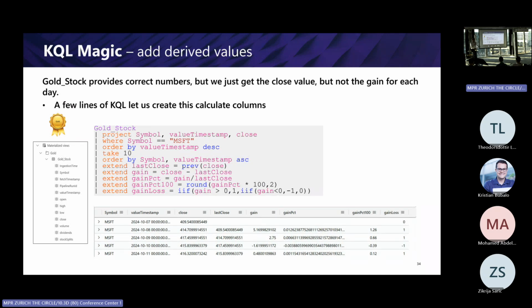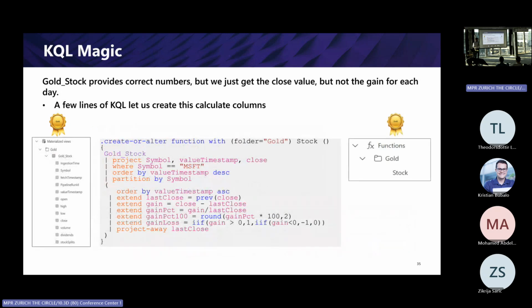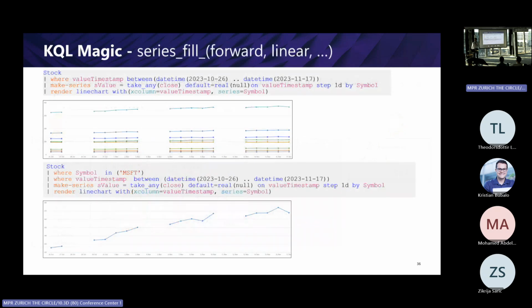But you don't want to have that logic in each report, which means you also create functions on top of the data where you have some central logic encapsulated in a function, and then from Power BI you can just ask KQL, please give me gold stock with all the extended calculations we added, which means the logic is the same. We write the code, we encapsulate it in a function, and then Power BI can use it.